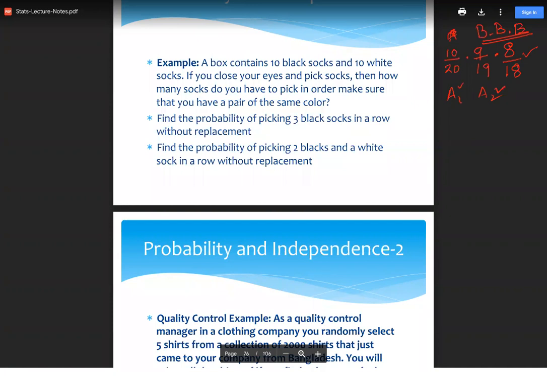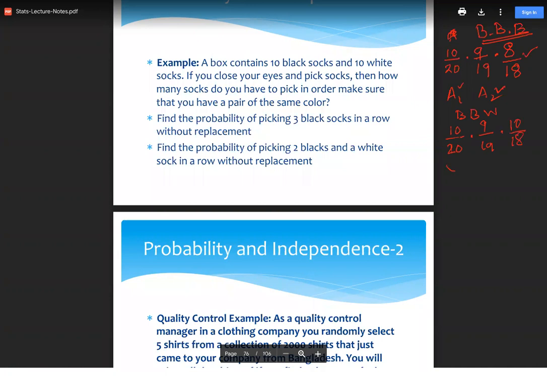Next, find the probability of picking 2 black socks and a white sock in a row. So the probability of picking the first black is 10 out of 20. The probability of picking the next black is 9 out of 19. And then what is the probability of picking a white sock next? 10 out of 18. 10 out of 18, exactly.